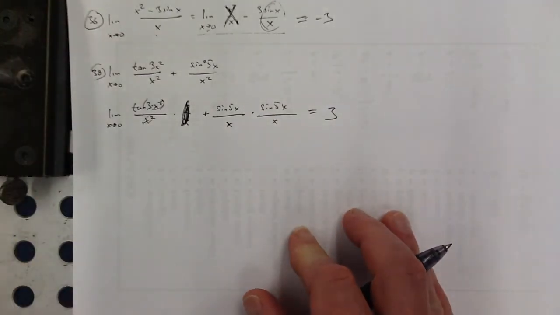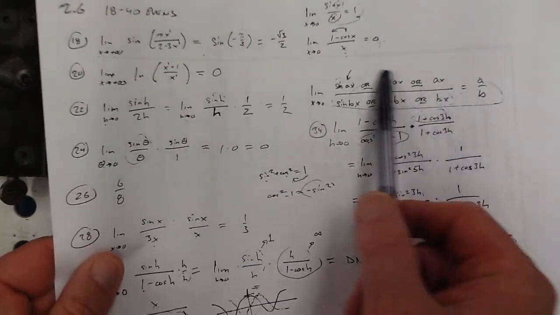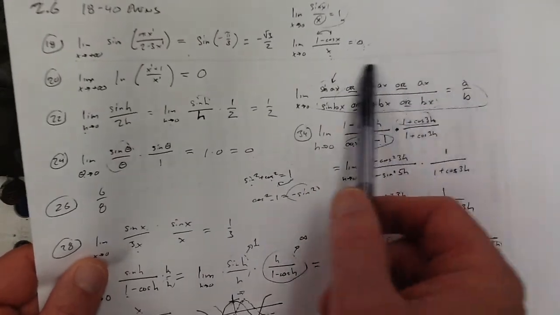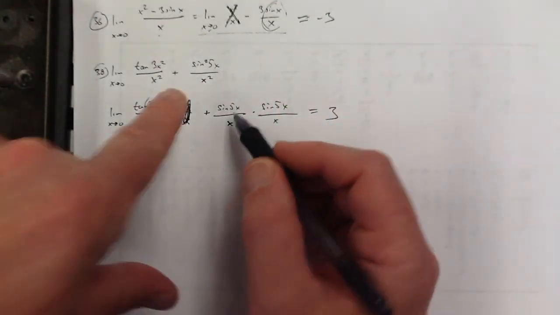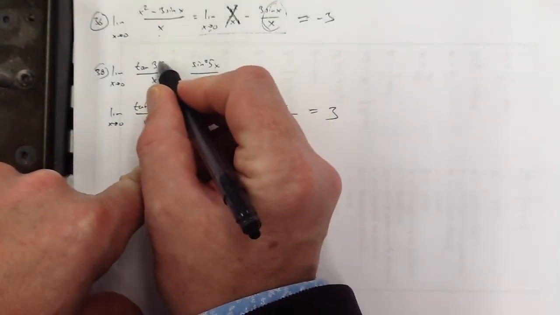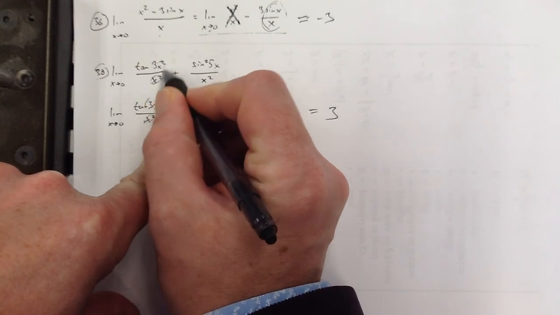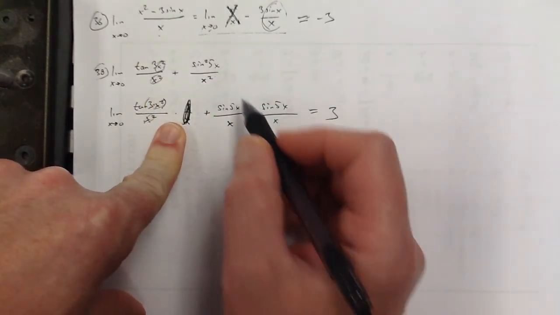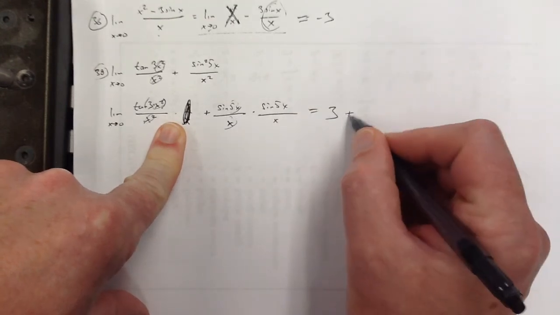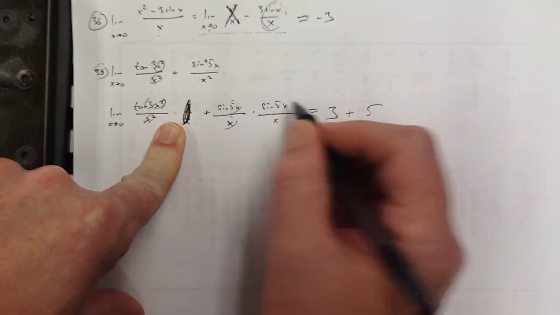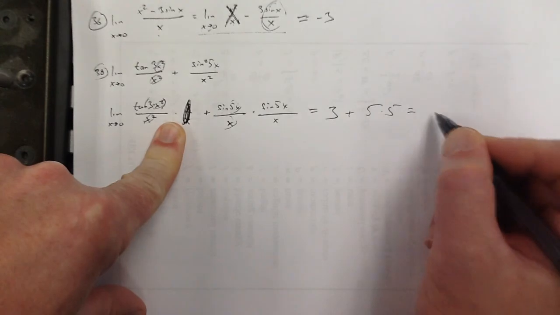Remember, that's just another example of all of these possibilities. Any combination of sine and tangent, just the coefficients. So here, as long as the things in here match up, then you're good. So here, that's why I split this up, because now I've got 5x over x. That's 5, and that's 5.